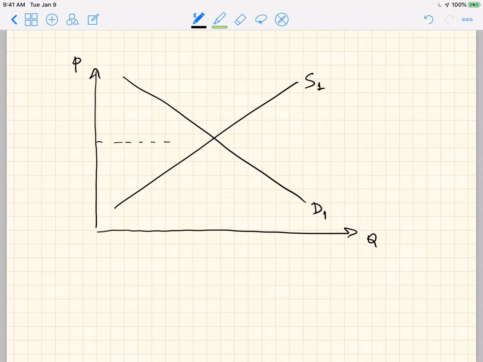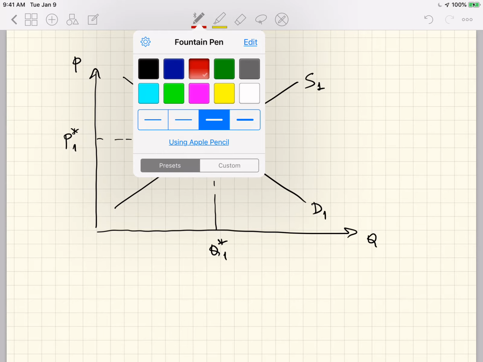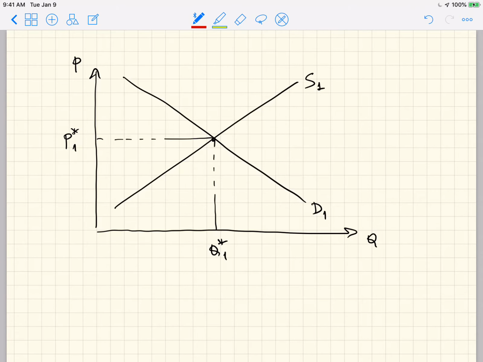okay, let me do it a little bit nicer. Okay, so having these two curves, supply and demand, we have P asterisk 1 and Q asterisk 1. Now imagine that one of those curves shifts, and let's say this is the demand curve that shows a decrease in demand.